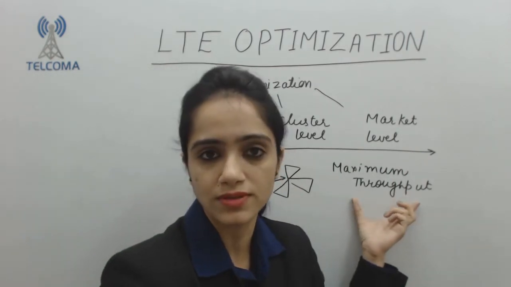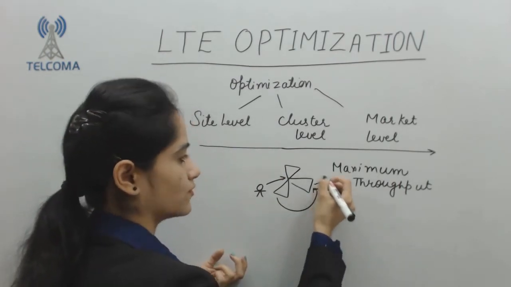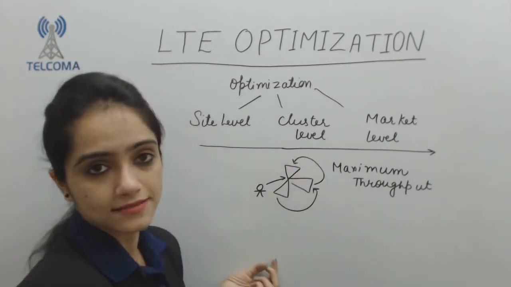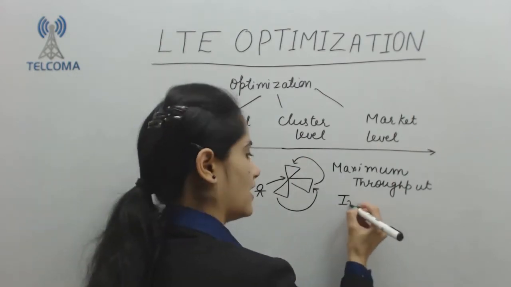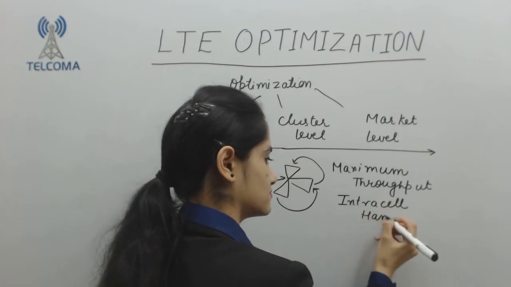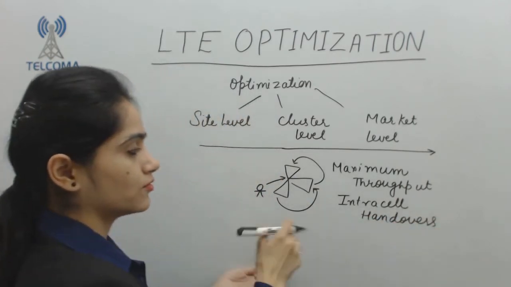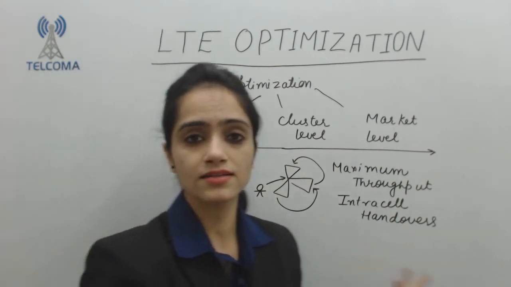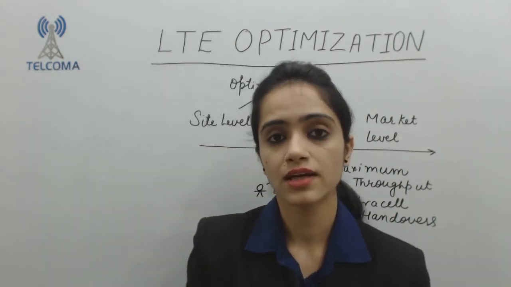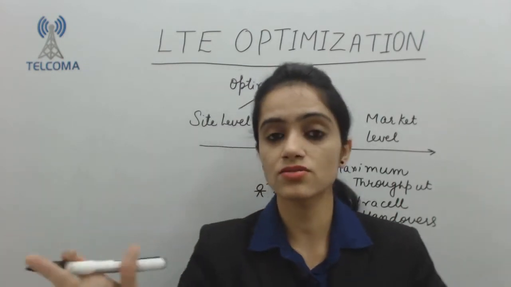Next, we have to find out the handover, which is intra-cell, not inter-cell. We have to find out intra-cell handovers. That means you move within the cell and check that the handover procedure is okay whenever the user is moving from one sector to another, that means between two sectors.